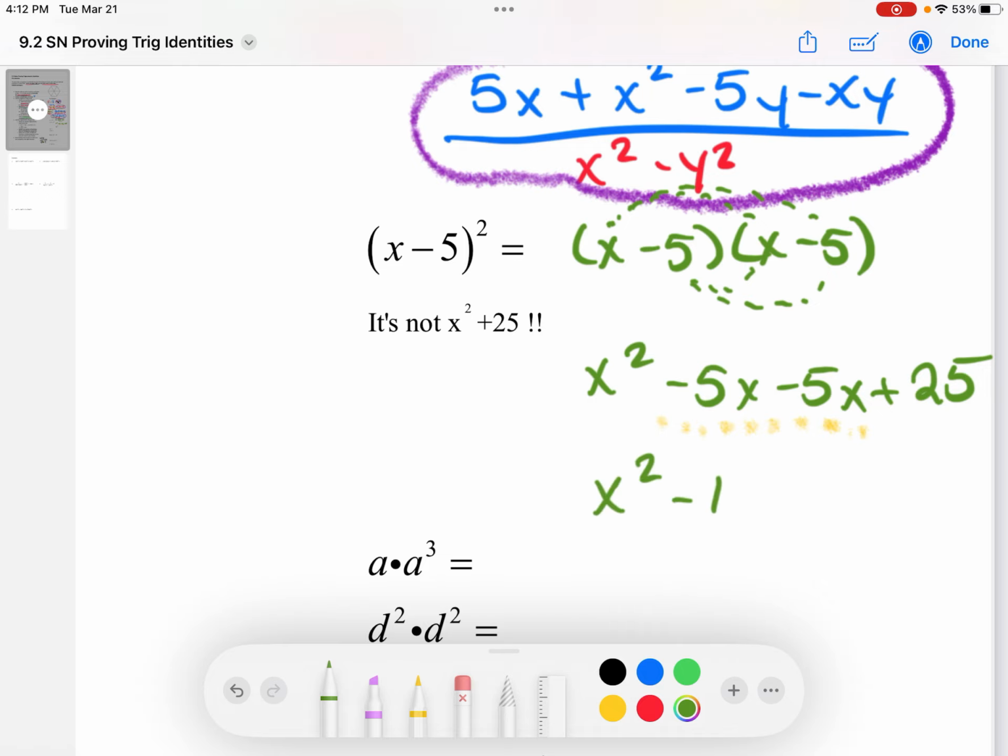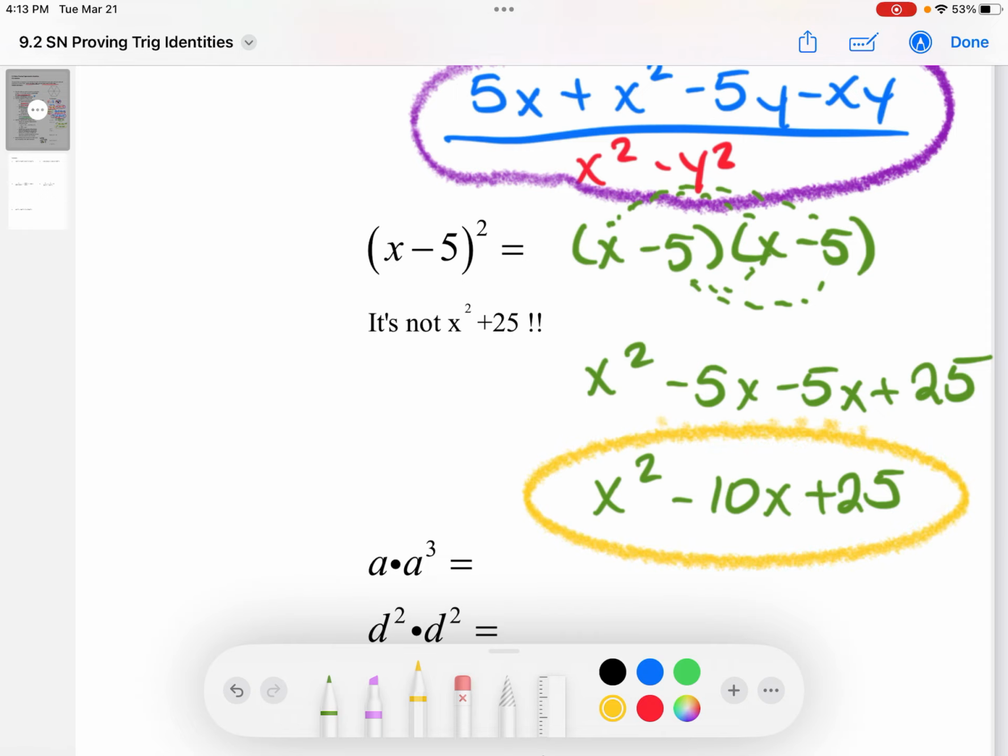So x squared minus 10x plus 25 would be our multiplied out solution there. Okay, make sure when you are squaring that you multiply it by itself. If you have a plus or minus inside that parentheses squared, it's going to be a little more challenging.